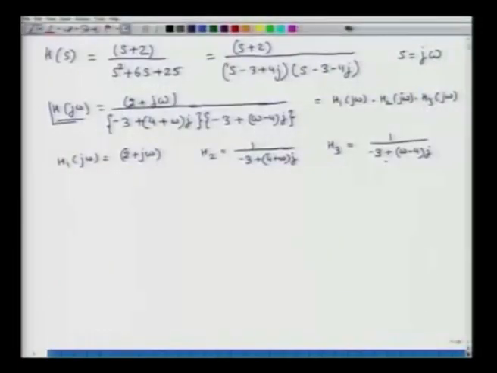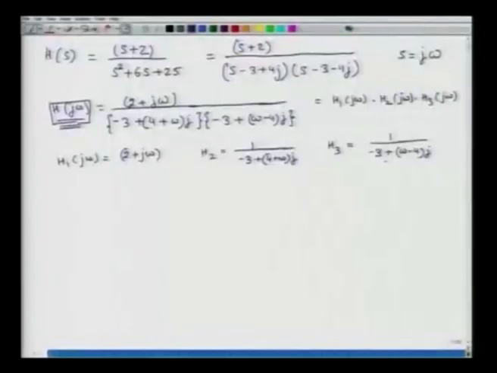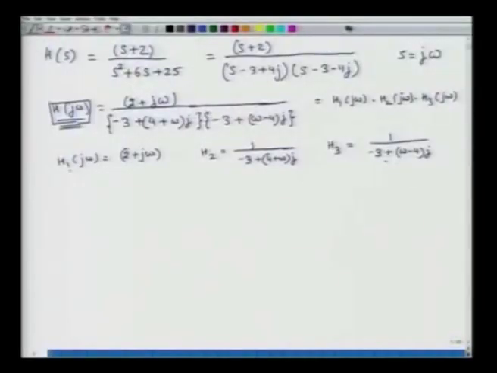Now, as we are trying to develop a Bode plot for magnitude and phase for this transfer function, let us start by thinking about the magnitude part. We will construct a Bode plot for magnitude for H1, the same thing for H2 and the same thing for H3.